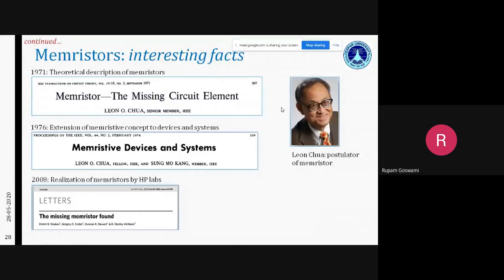It is quite interesting that someone came up with a theoretical version of an element which would prove to be one of the biggest inventions in the future, and that too after 37 years. This is how we go through the different phases of research.